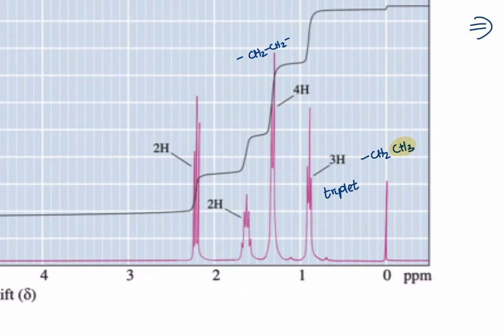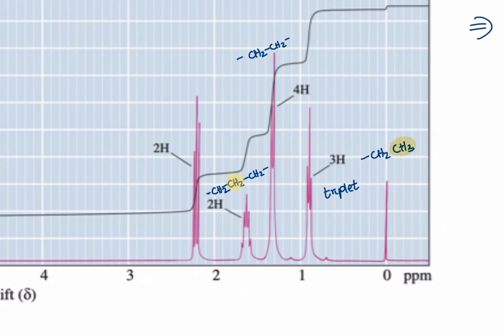Here there's also a peak corresponding to 2 hydrogens, and let's consider its multiplicity: 1, 2, 3, 4, 5. It is split as a quintet, which means it has a total of 4 neighboring hydrogens. The only way it can have 4 neighboring hydrogens is if it is adjacent to 2 methylene groups.